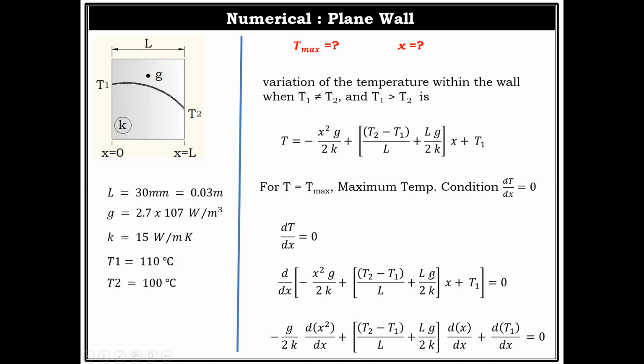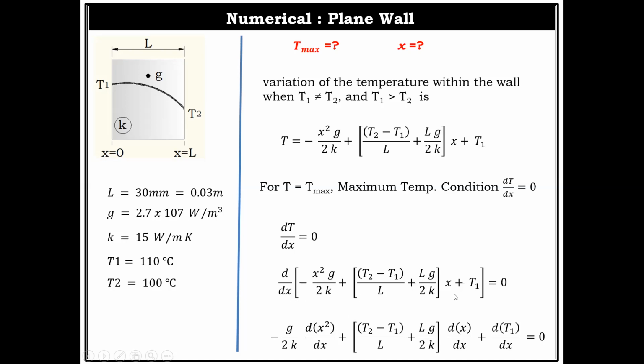There is no term in the bracket which is variable with respect to x. This length L is a constant. The thickness of the slab is already fixed; we are not going to change the thickness of the slab. So this length L is also constant with respect to x, so the whole bracket is a constant.